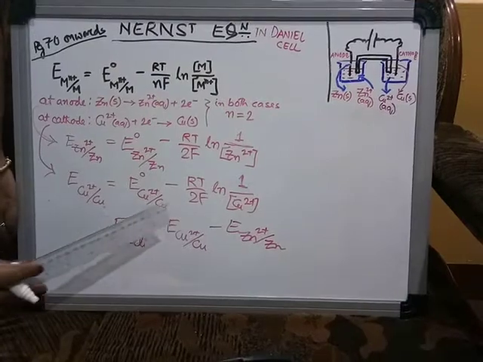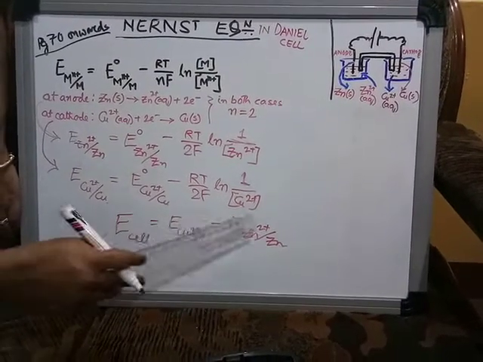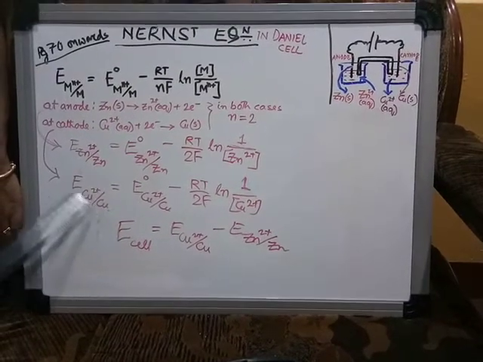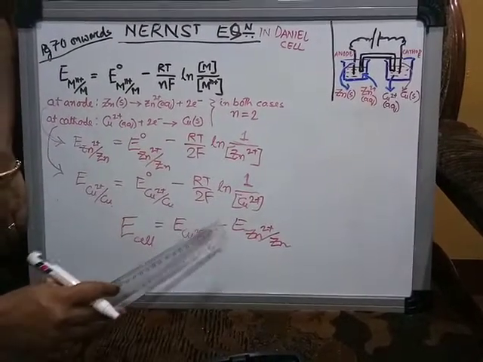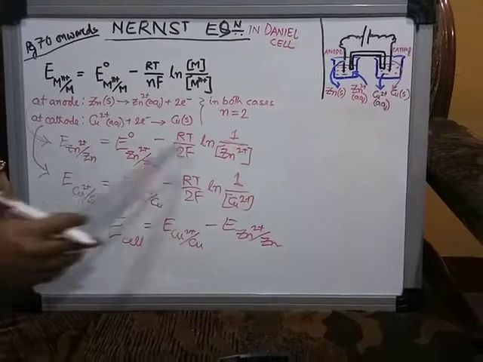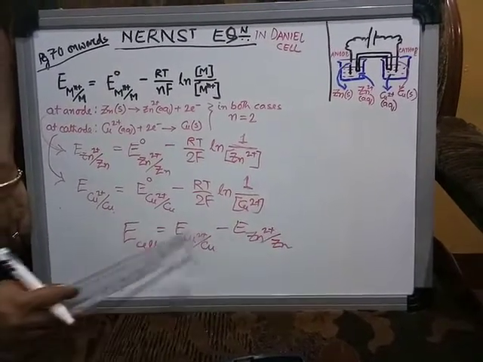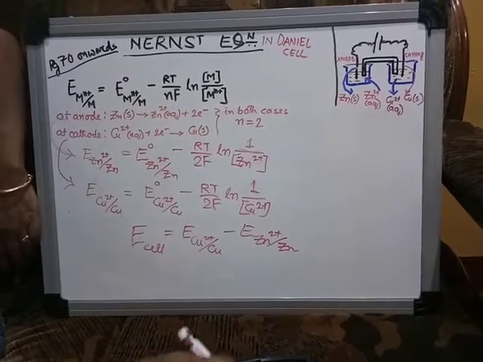How will we incorporate this? See, E Cu2+/Cu is this one, and E Zn2+/Zn is this one. So we will put down these two equations and substitute out here, and then what is the equation we will get?